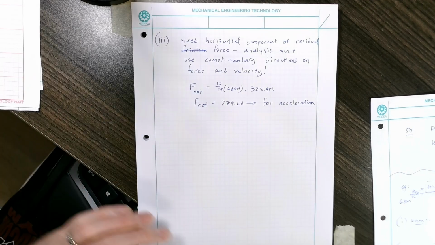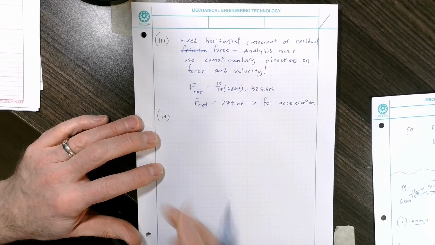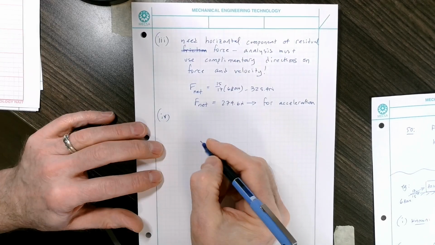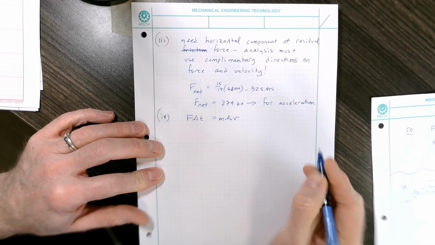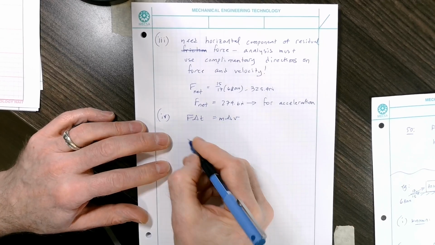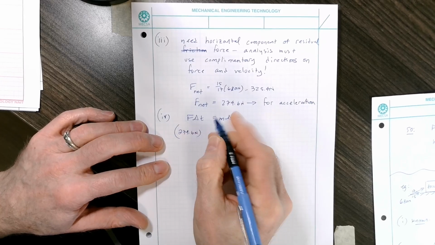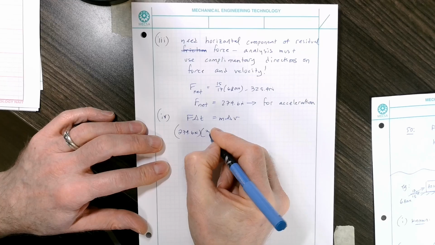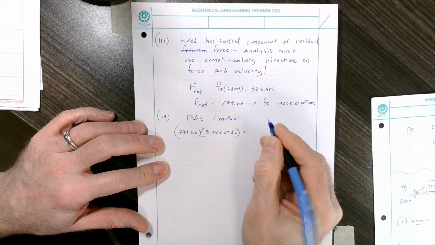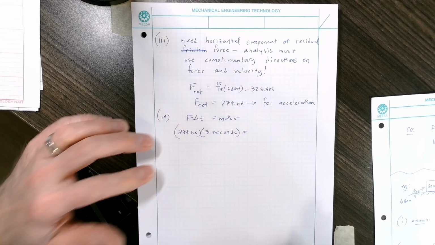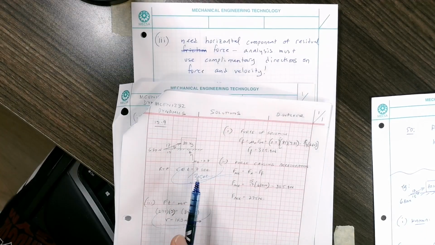Okay. Finally, you get to apply the impulse momentum equation, okay? F delta T is M delta V. All right. The force applied, 274.6 newtons. The time of application of the force, 3 seconds. T initial is 0, T final is 3 seconds. The mass, don't overthink it. You're thinking, oh, I need to know the mass in the horizontal direction.